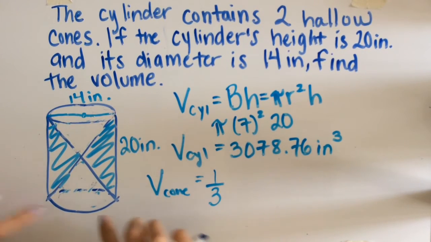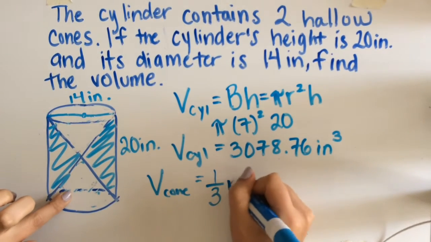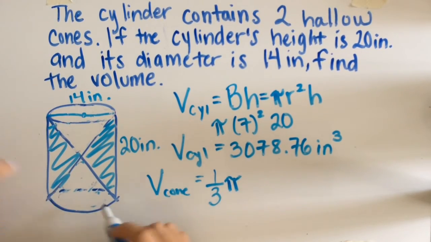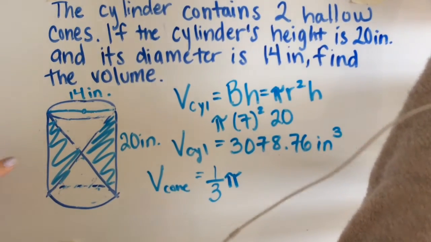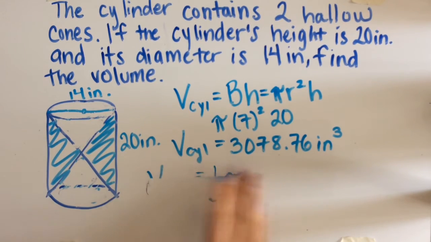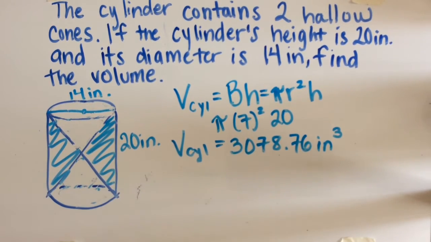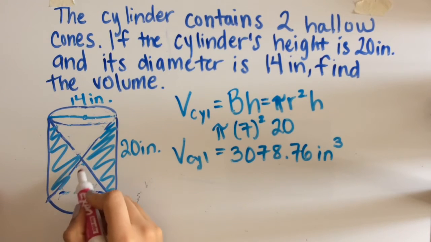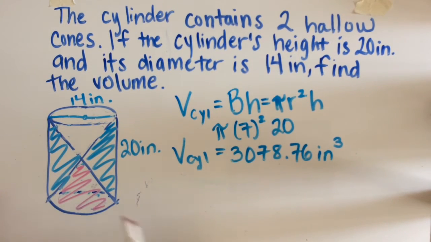So 1/3 times pi r squared, that's only for one cone, okay? It's as if I were finding the volume. Let me actually do it in a different color so you guys can see what I'm finding the volume of. So if I were to find the volume of this, I'm trying to find the empty space in here, okay?